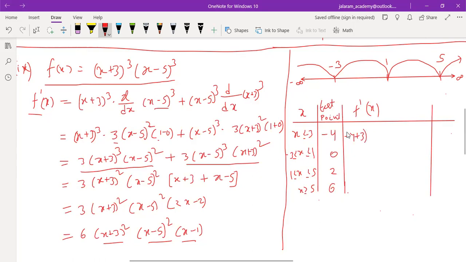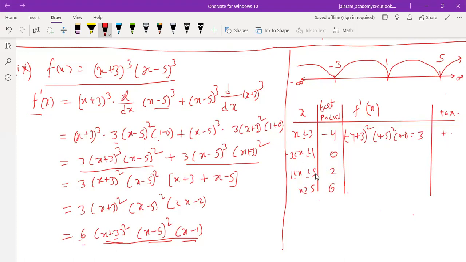The 6 is a constant, so it will not affect the value. It will not affect the sign, whether it is positive or negative. So we will not use this. Okay, (-4+3)^2 into (-4-5)^2 into (-4-1). The value is 3 only.